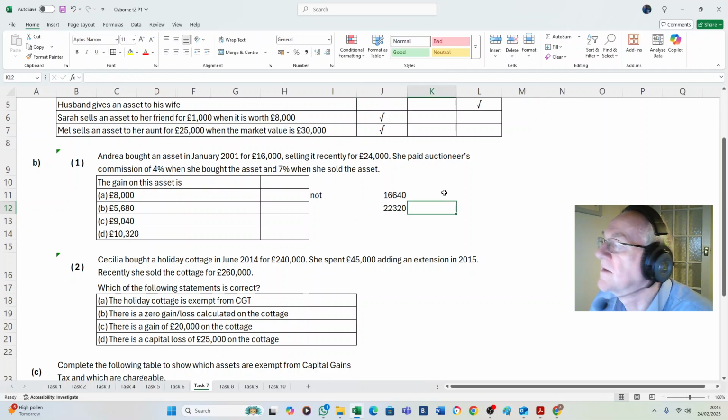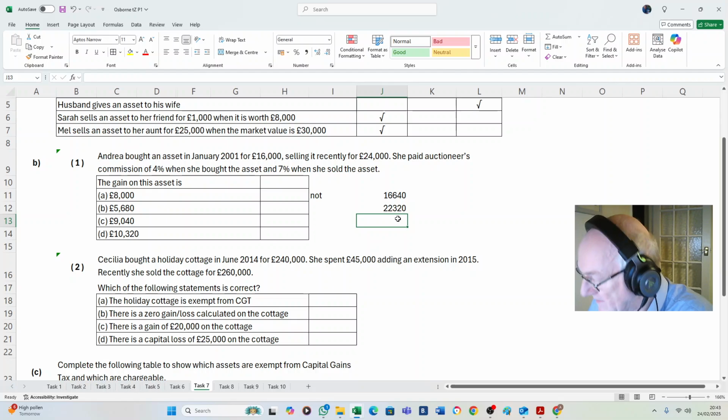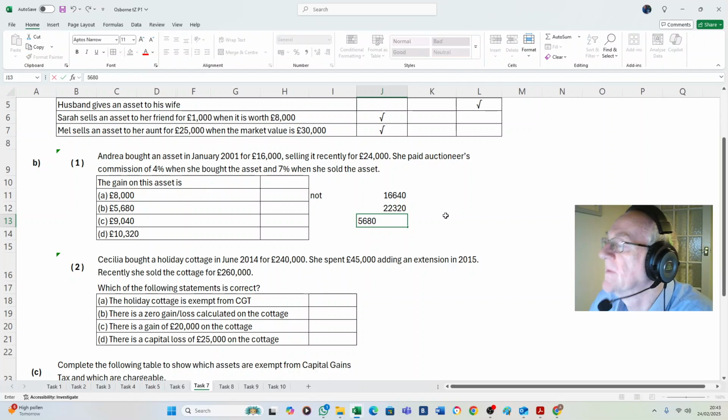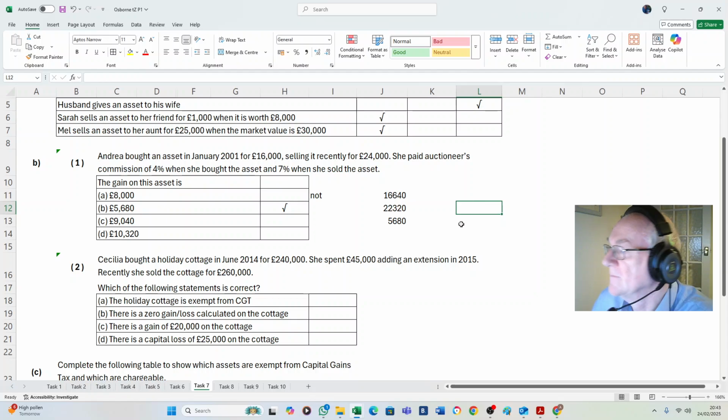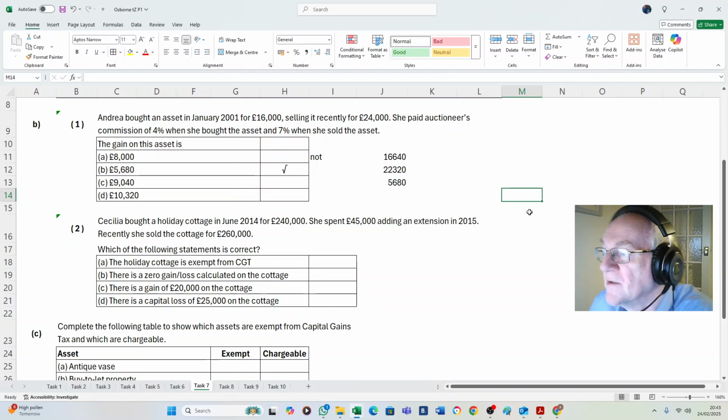So we had to add the 4% to get the cost, and take the 7% because it's 7% she won't be getting. So all we need to work out is the difference. I'm not going to waste time on a formula. And so we got that answer. It's almost a numerical question rather than a knowledge one.